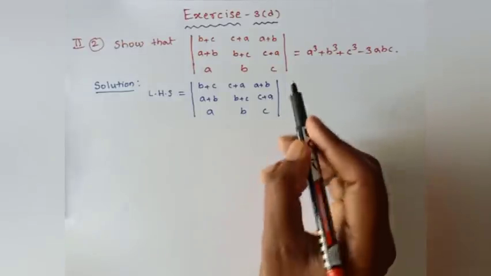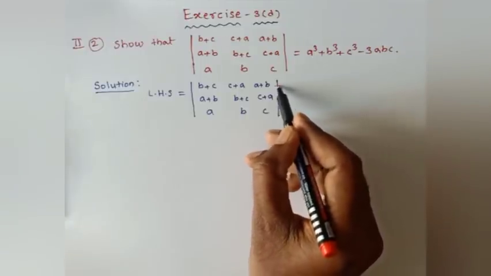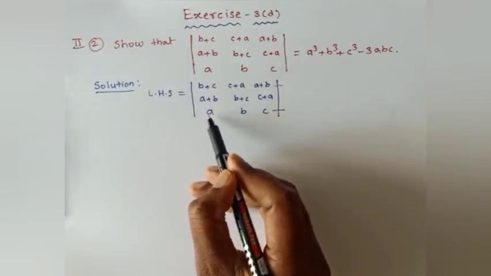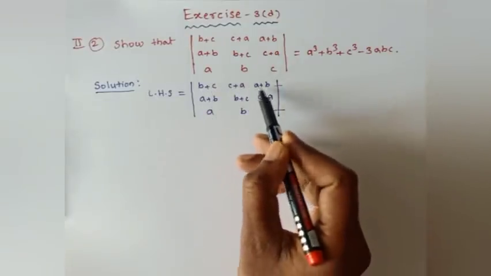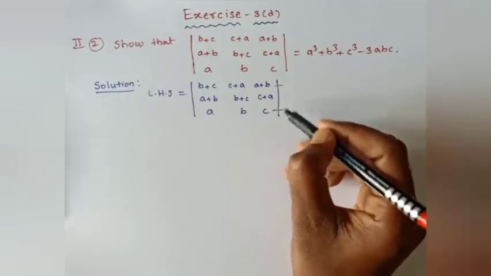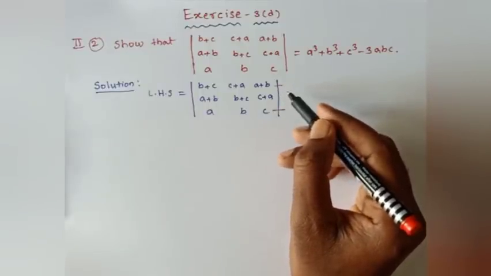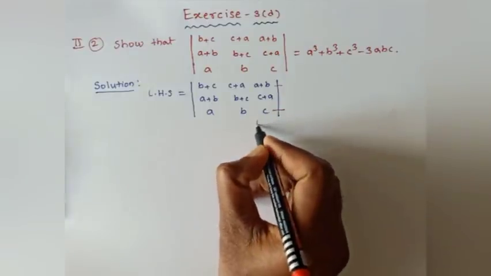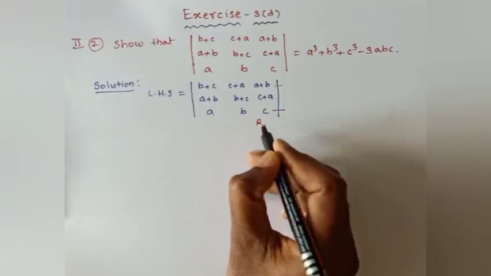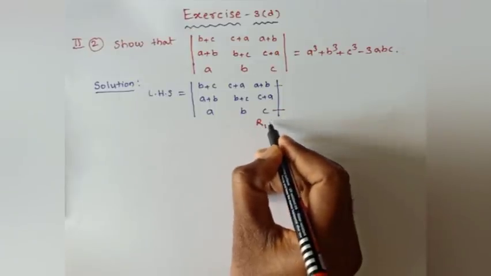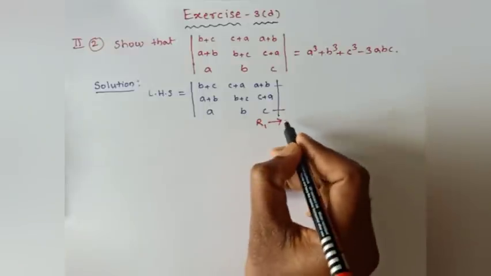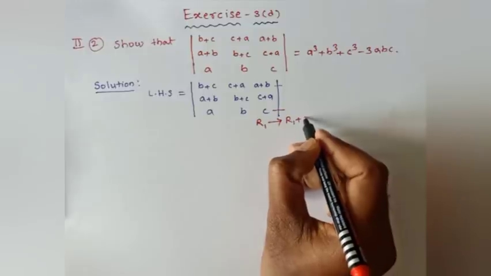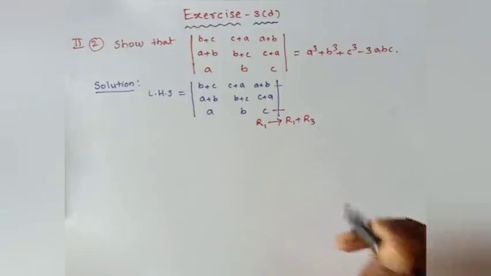See here, you can observe the first row and third row. Here b, c, a; here c, a, b; here a, b, c. If we add these two, we get a common term, a plus b plus c. So I am adding the row 3 elements to row 1, so R1 changes to R1 plus R3.